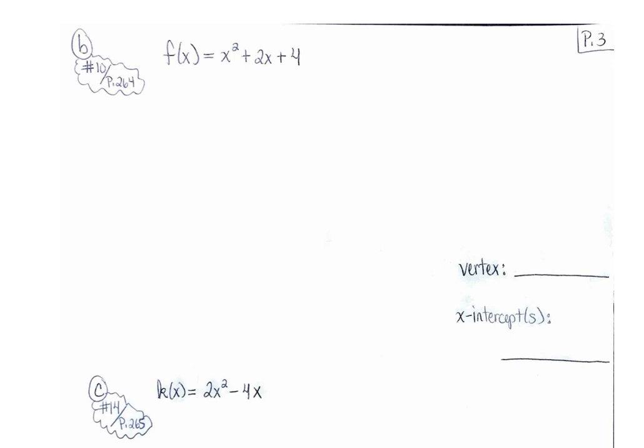Now, in this particular problem, we haven't gone over another way of identifying what your vertex is and what your x-intercepts are. At this point, I want to go over what's called the vertex formula. What I was about to show you, I will show you with this one, but you will not have to do this process with every one.